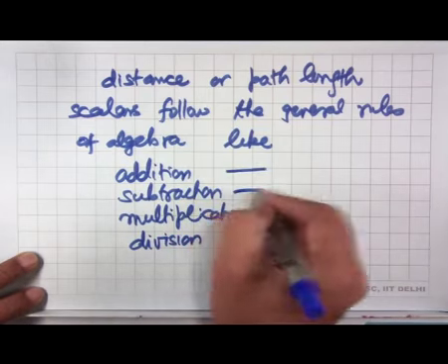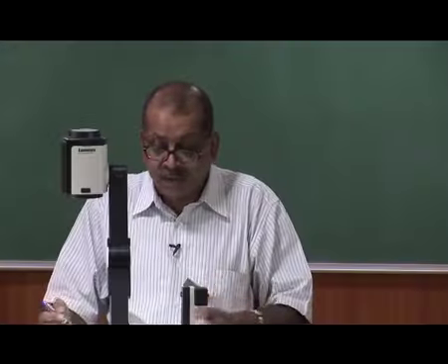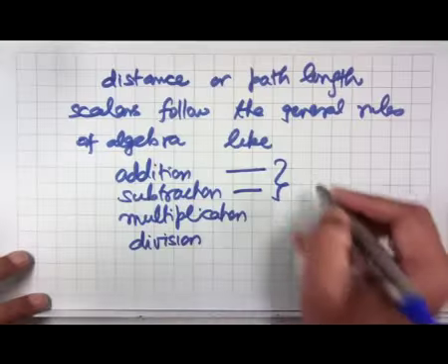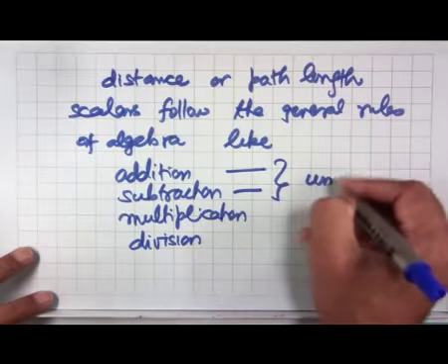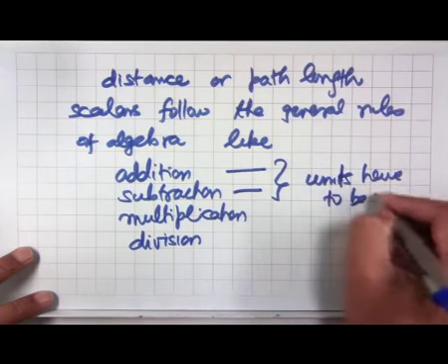Now, addition and subtraction we have seen, we can take two scalars and we can add them or subtract them. When we add or subtract scalars, then the units have to be identical.